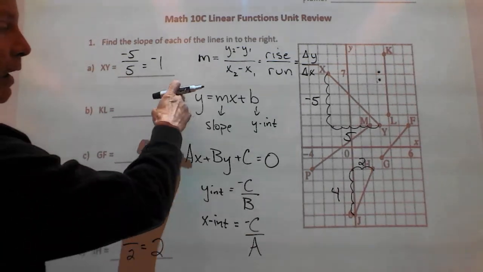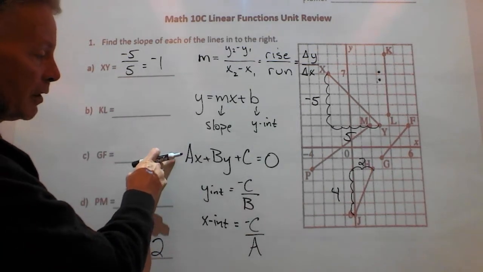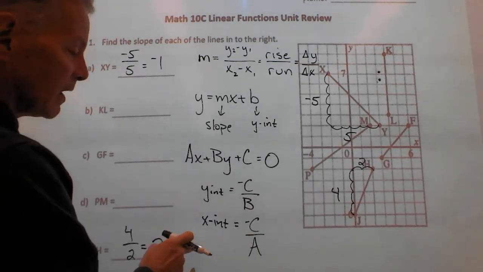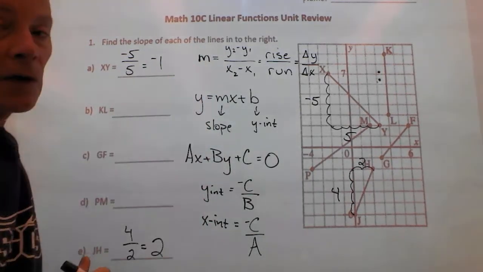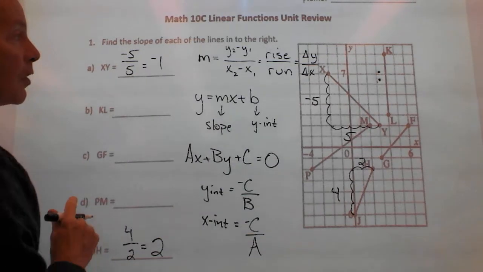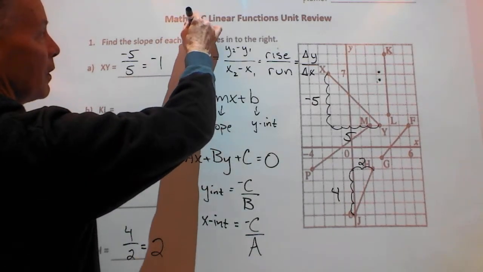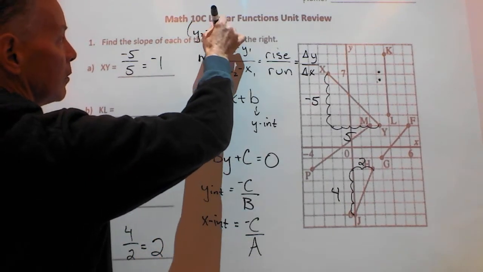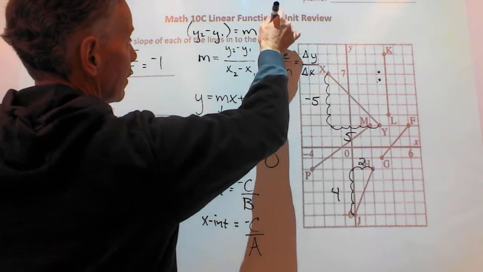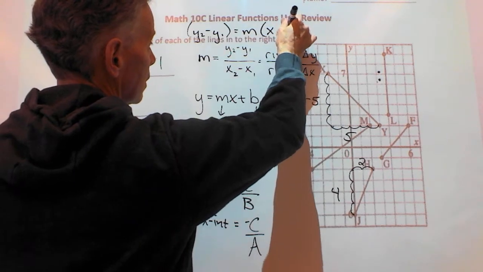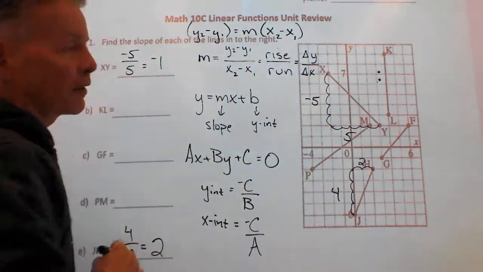Okay? So we have slope-intercept form, general form, and then the last one that we looked at was just a rearrangement of the slope formula, and that's called the slope-point form, where you have y2 minus y1 equals the slope times x2 minus x1.